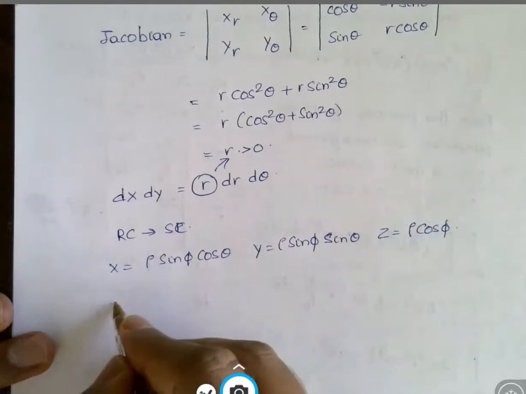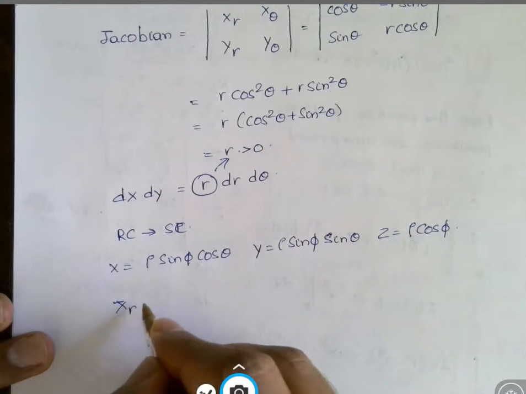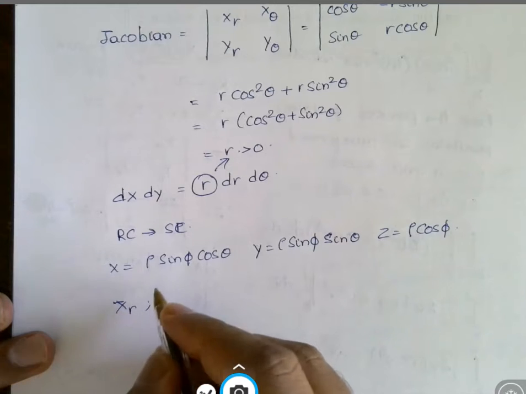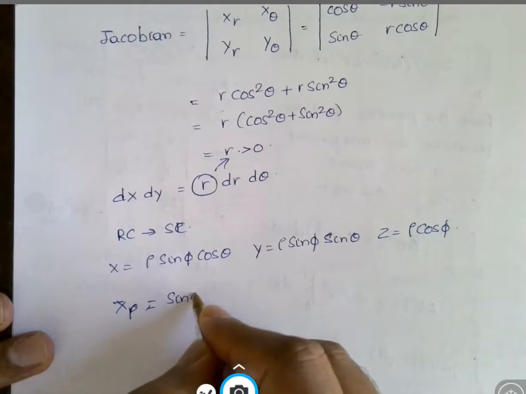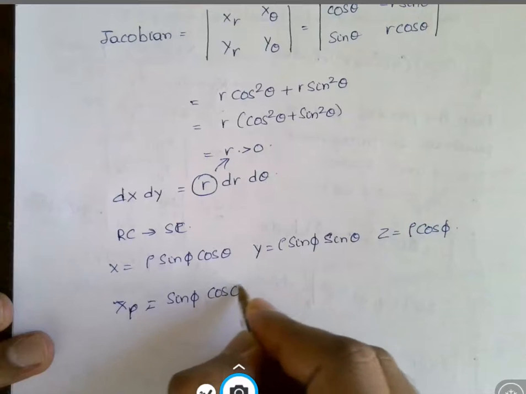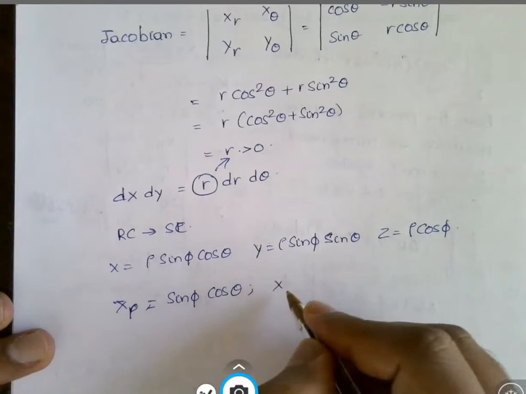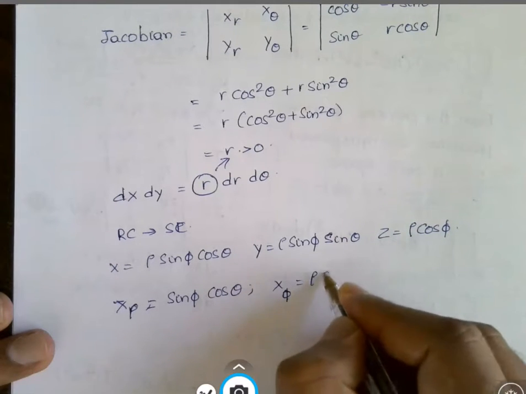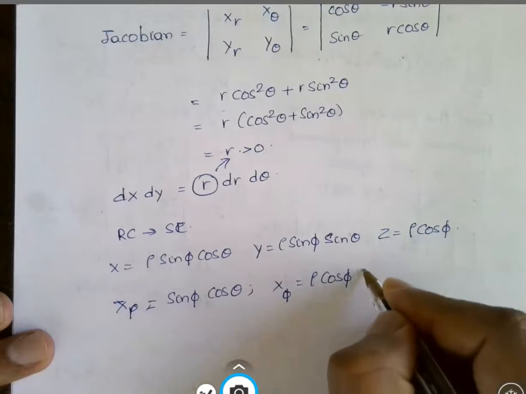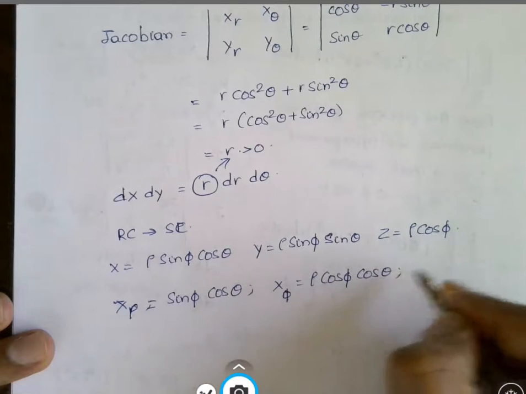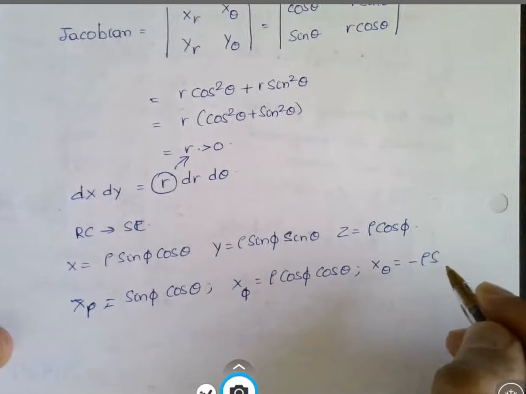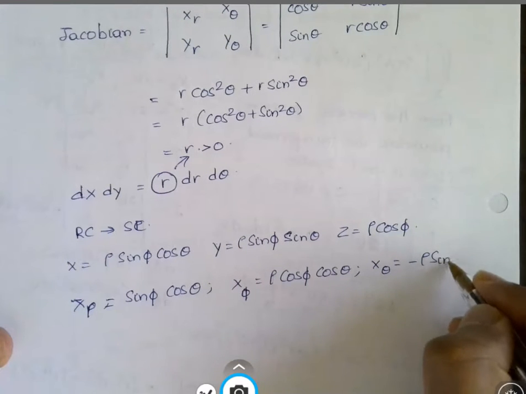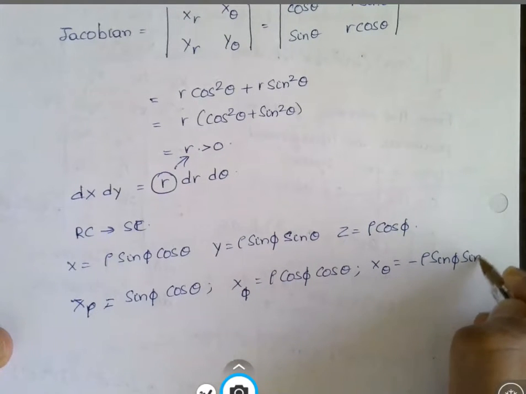So when you find the Jacobian, you find x_rho. X_rho is going to be what? Sine phi cosine theta. And x_phi is going to be rho cosine phi cosine theta. Then x_theta is going to be negative rho sine phi sine theta, right?